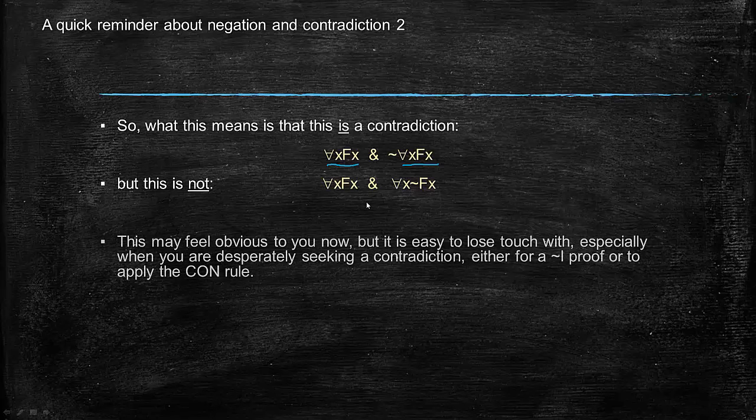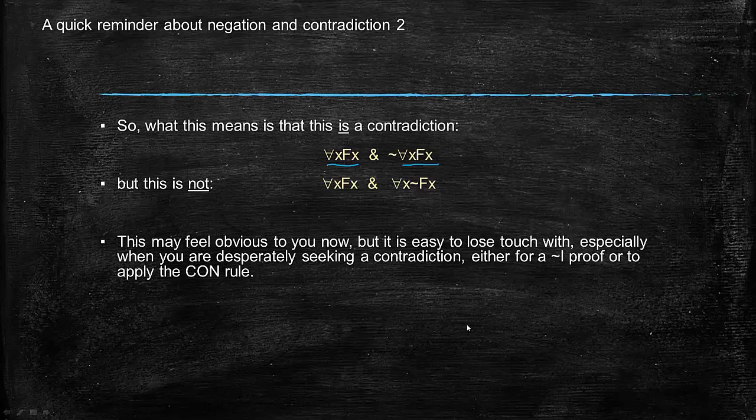Again, this feels obvious, I'm sure, because we're presenting it in this way, but it's very easy to forget this, especially when you're looking for a contradiction. You find yourself saying, is this a contradiction? Is that a contradiction? Well, that's one of the easiest questions to answer. You just don't always necessarily like the answer.